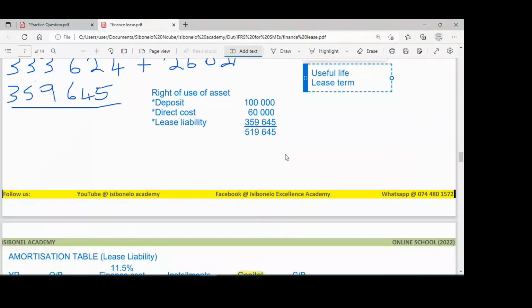When you calculate depreciation, you have the right-of-use asset, the total we will depreciate. Then we have the useful life we learned earlier, 10 years, and the lease term is 6 years. So now when we depreciate this asset, which period will we use: 10 years or 6 years?